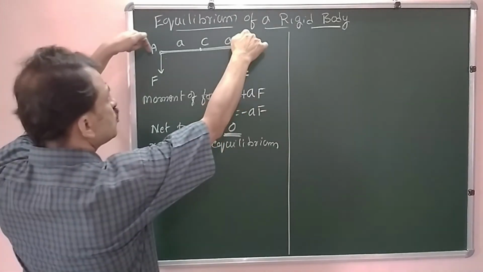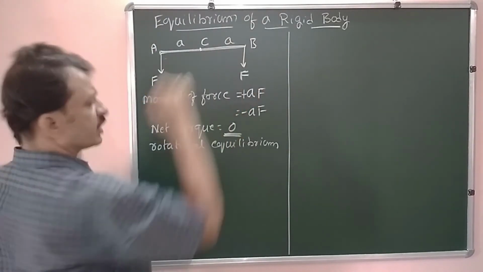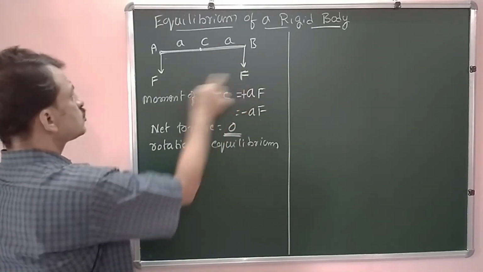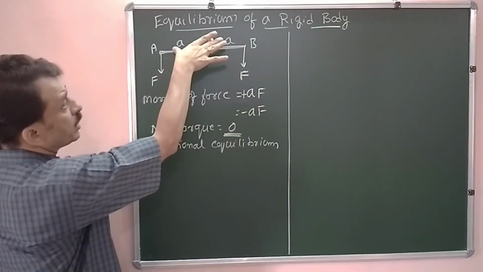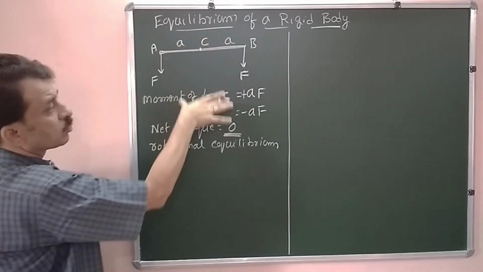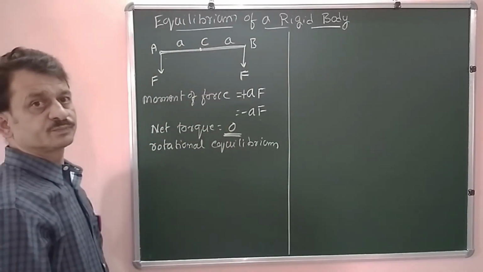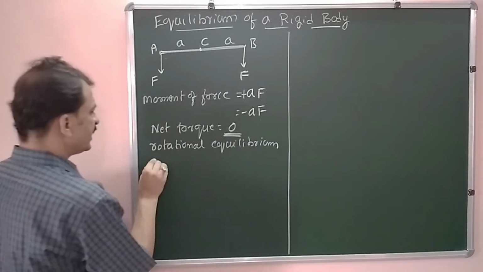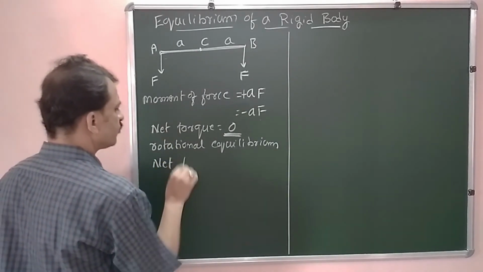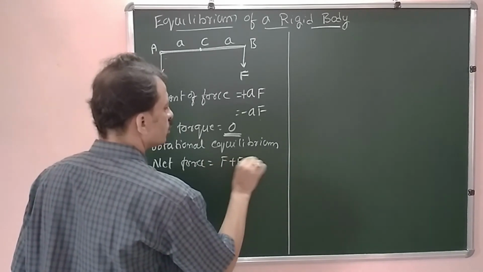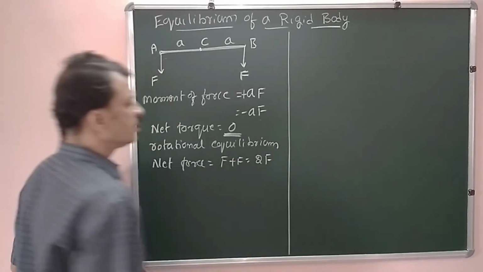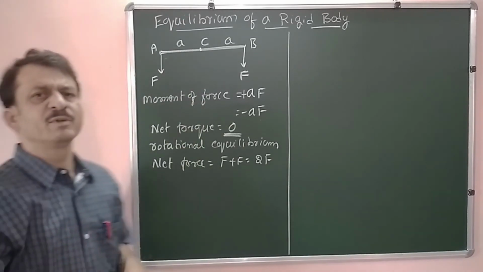But since these two forces are acting in the downward direction, what are these two forces going to do? They are going to move the rod in the downward direction. There is a net force. What is the net force here? It is F plus F, equal to 2F. And these two forces are acting in the same direction.